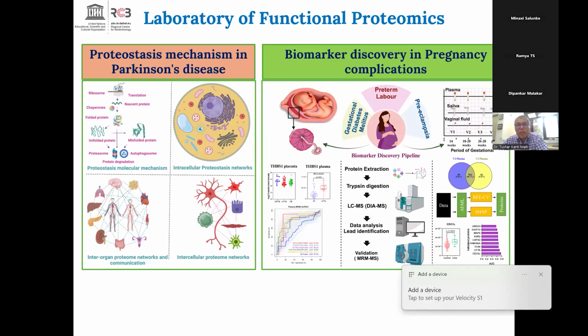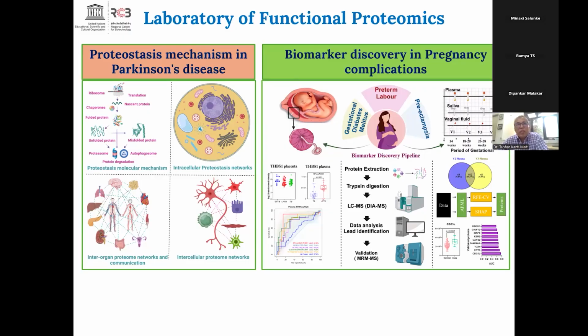One is preeclampsia, another is preterm labor, another is gestational diabetes, or intrauterine growth restriction. The lab is trying to understand the molecular signatures associated with different adverse pregnancy outcomes.